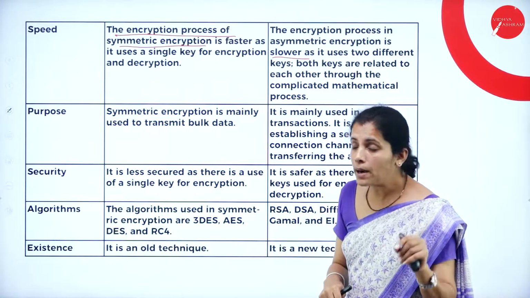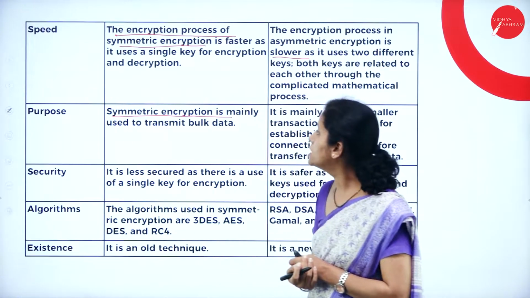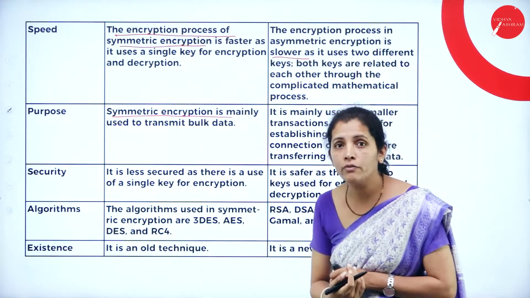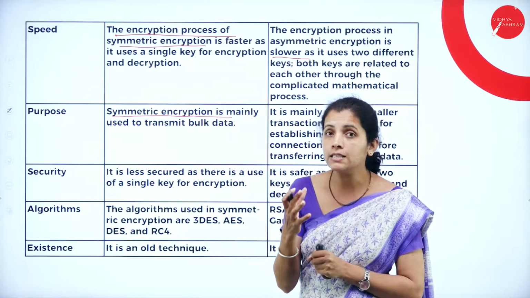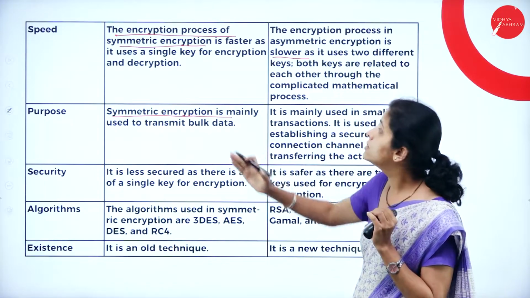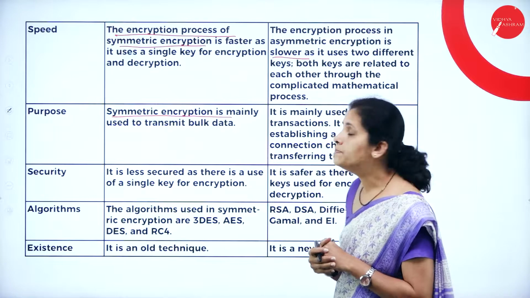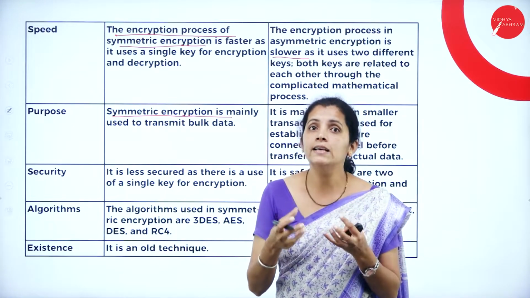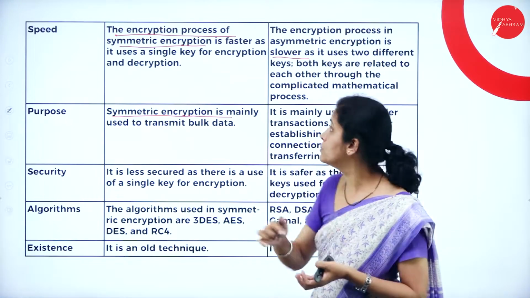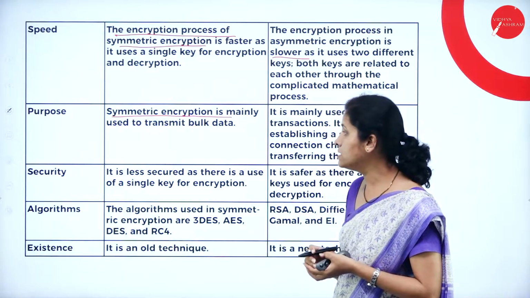Then the purpose. Symmetric encryption is mainly used to transfer a bulk amount of data. When the data size is very large, it is better to go with symmetric key crypto system. And when the size of the data is very small, in that situation, it's better to go with asymmetric key crypto system.